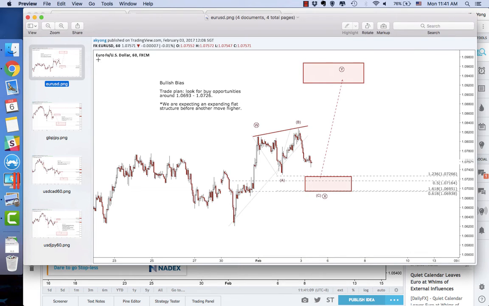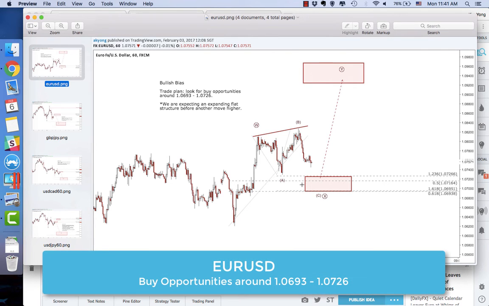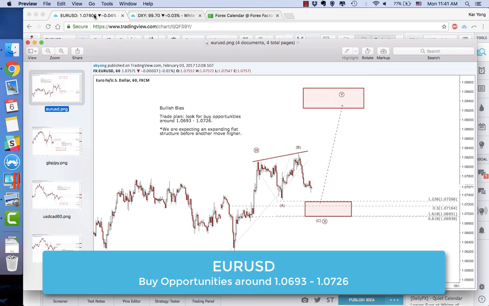We are having a bullish bias on euro dollar. We are looking for a buying opportunity around 1.0693 towards 1.0726, looking for a buy going into NFP, trading out of the event itself. So I would just like to bring you to what happened after that.